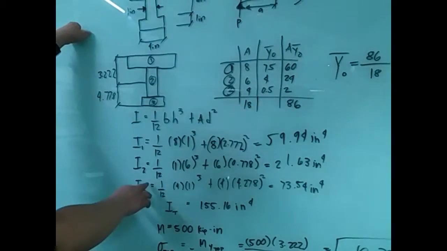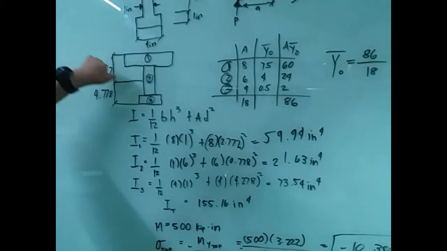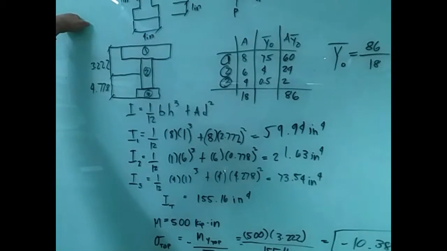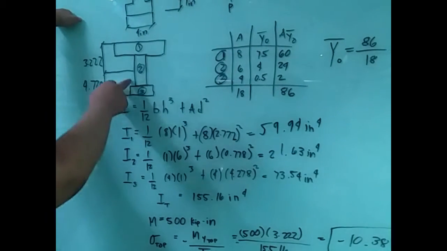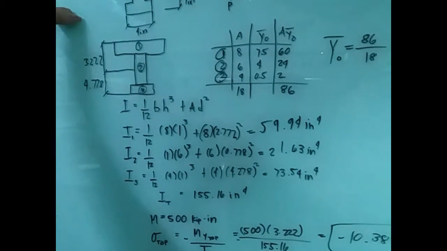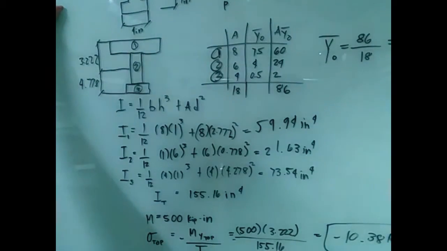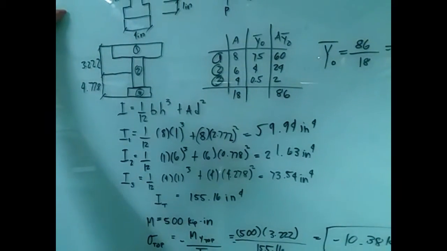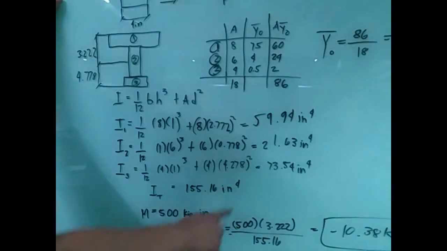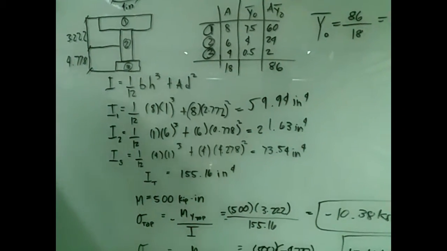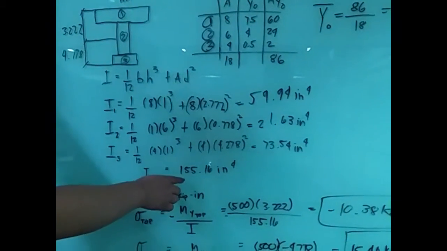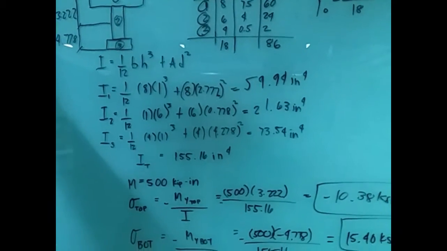The second part, the figure with the base of 1 and height of 6, we get an inertia of 21.63 inch to the fourth. The third figure, with the base 4 and a height of 1, we get 73.54 inch to the fourth. We total those and we get 155.16 inch to the fourth.